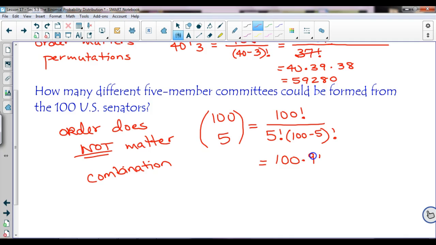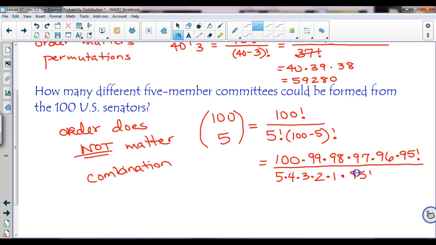So 100 times 99 times 98 times 97 times 96 times 95 factorial, all over, and I'm going to go ahead and write out the 5. 5 times 4 times 3 times 2 times 1 times 95 factorial. So that cancels out.